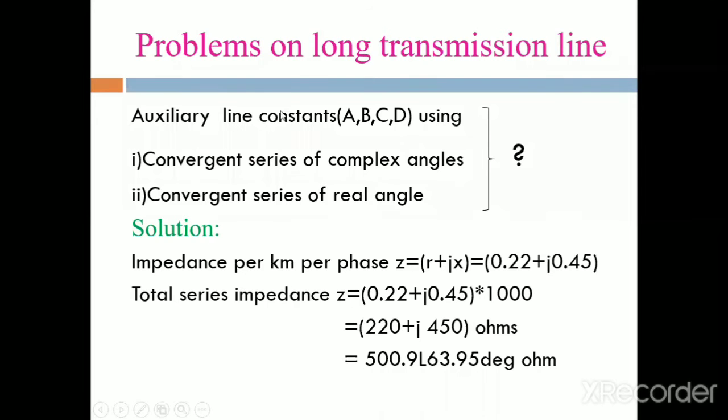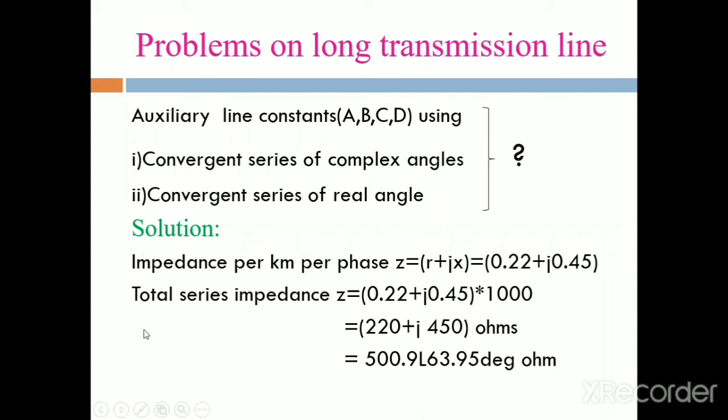Next is the total series impedance. Series impedance means the impedance per kilometer multiplied by the length, that is, into 1000. What is the Z value? That is 0.22 plus J 0.45 into 1000, where 0.22 plus J 0.45 is the impedance per kilometer per phase.